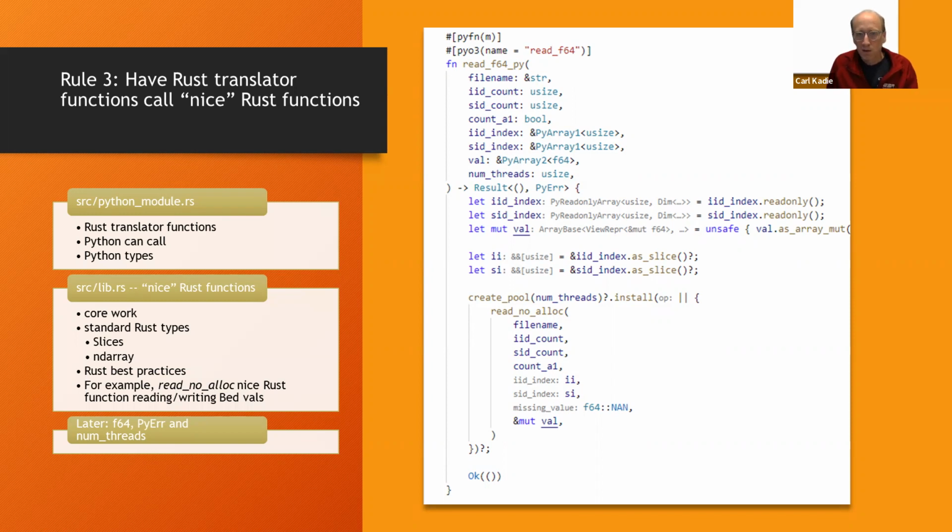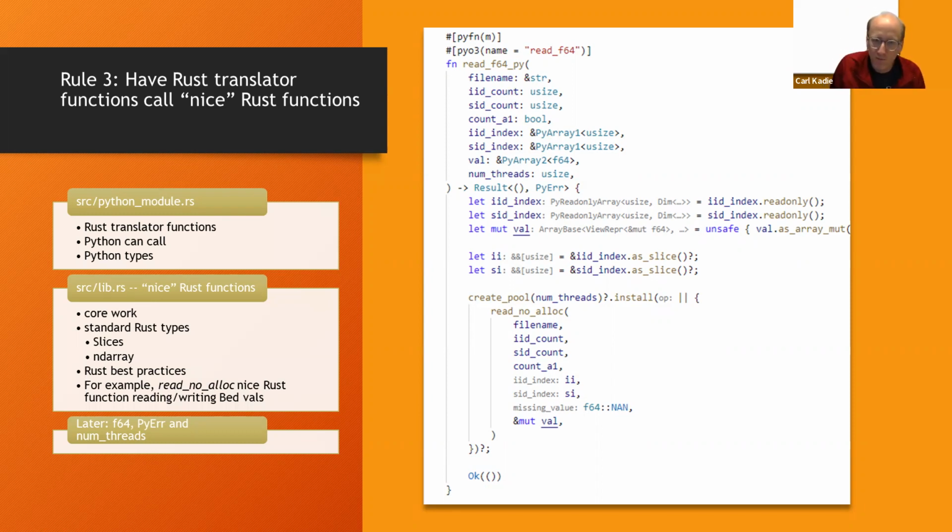So these are all types that Python is comfortable creating and passing. The main work of this translator function is that it has to convert these Python types into more standard Rust types. So on a 1D array, we call the read-only command.